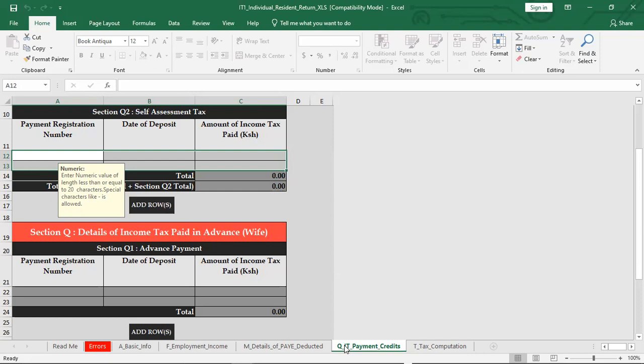So at the end of the year, the tax you are going to pay is 20,000 less 8,000. If you had paid the 8,000, you got a payment registration number, you put the registration number there, the date you deposit, and the amount you paid, which is 8,000.